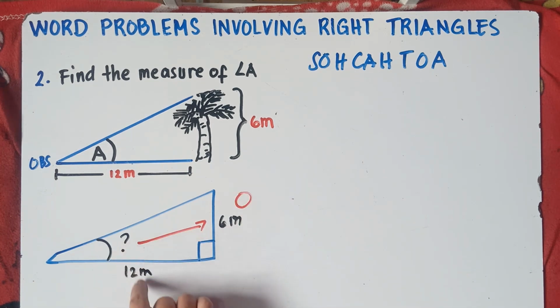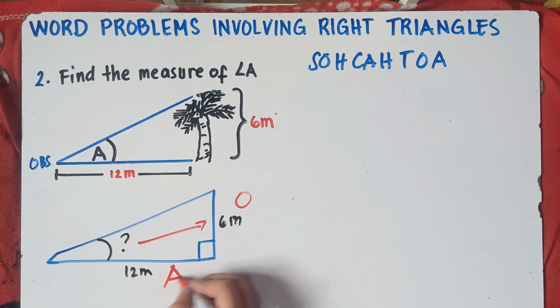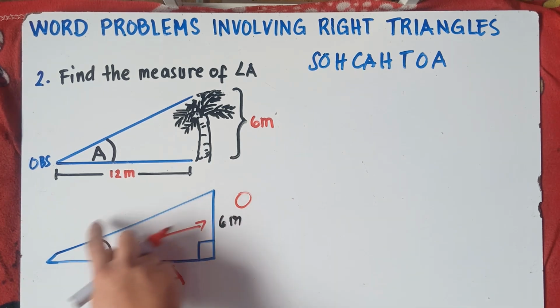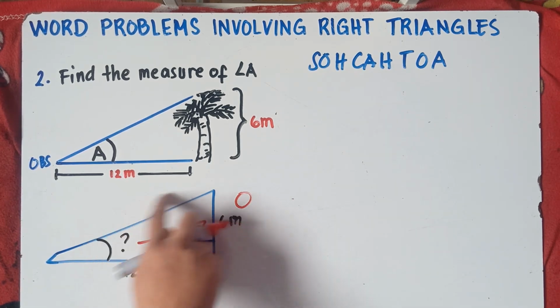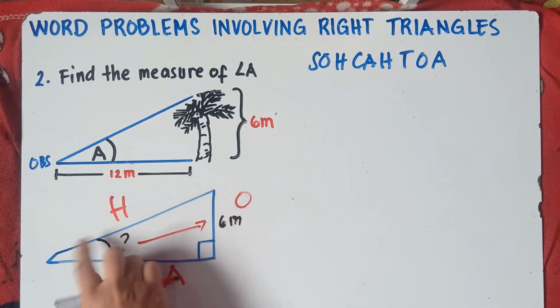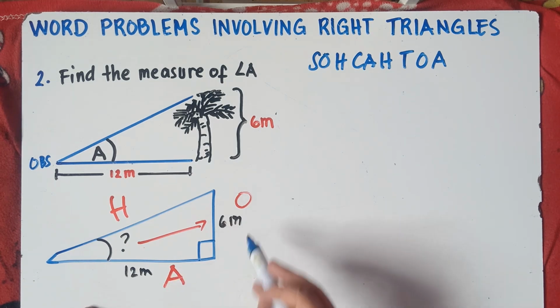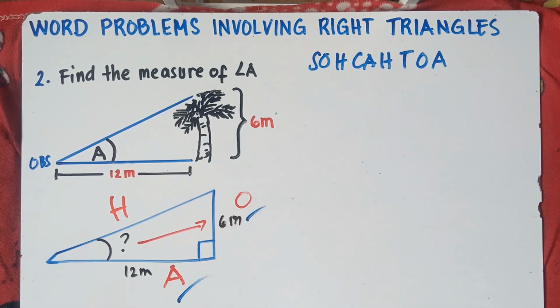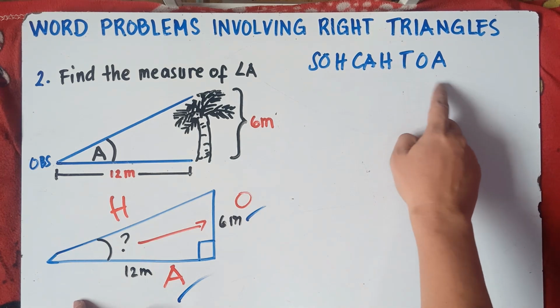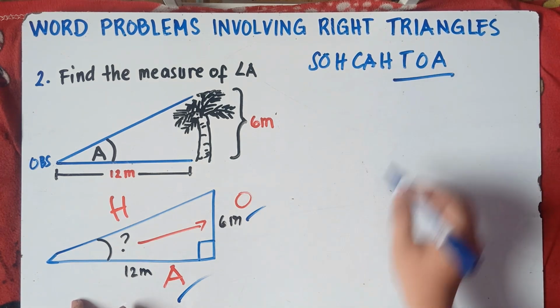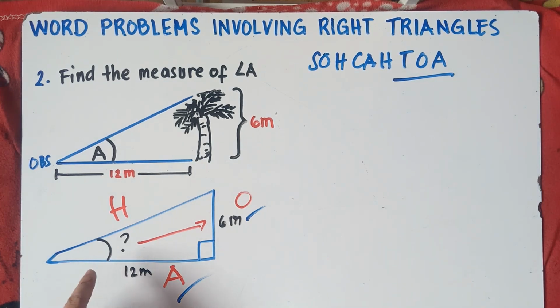Right next to this angle is what we call the adjacent. The longest side is the hypotenuse. Hypotenuse is not involved, right? We don't have any value for the hypotenuse. We have the value of the opposite and we have the value of the adjacent. So we will be using opposite adjacent, that would be tangent, to find this angle.